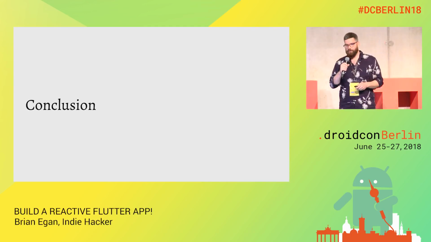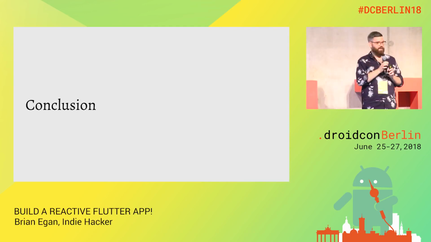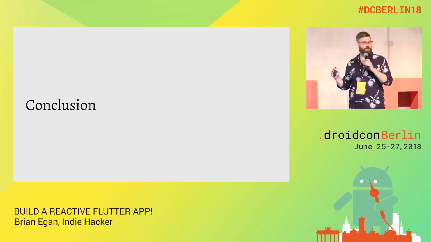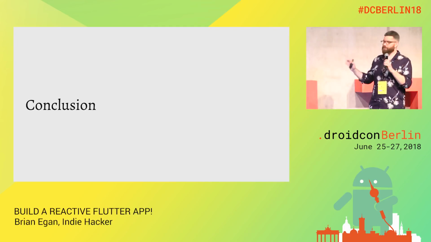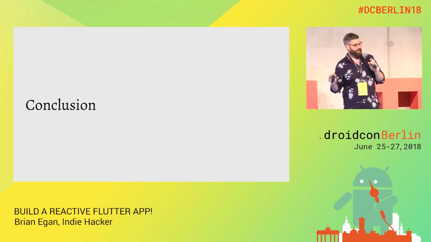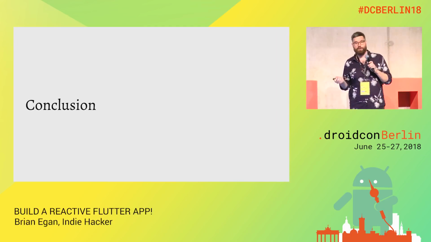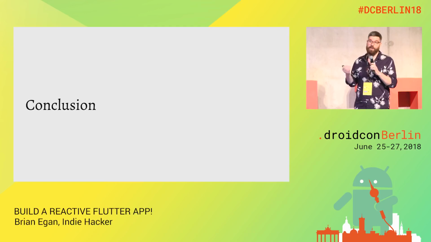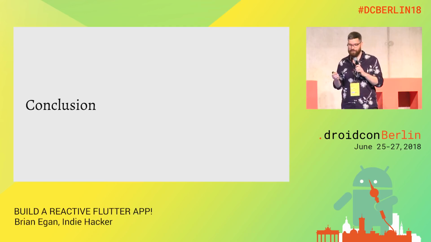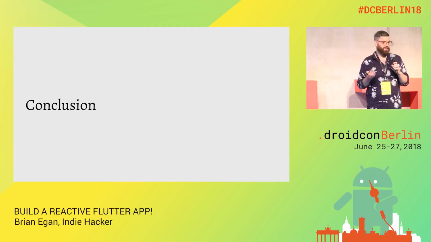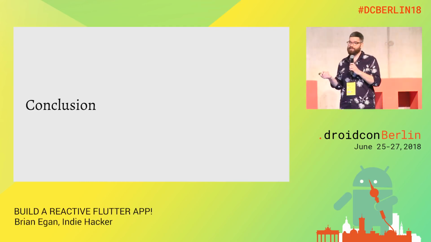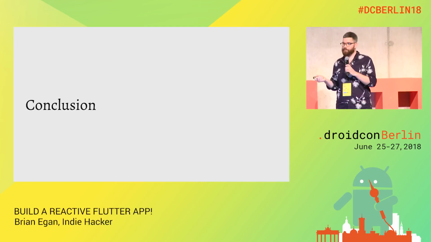So my conclusion from this is that, first of all, I really like Flutter, and I think it's really fun, but there's no reason for us to reinvent the architectural wheel in some ways. We have really good patterns that we're used to from Android that work well for statically typed languages. And we can use all of these normal patterns that we've used in the past and combine them with some of the things that Dart offers out of the box, like streams.